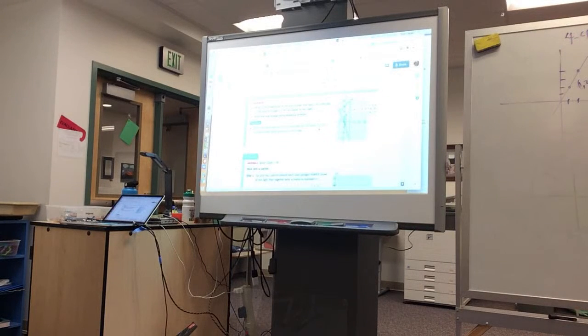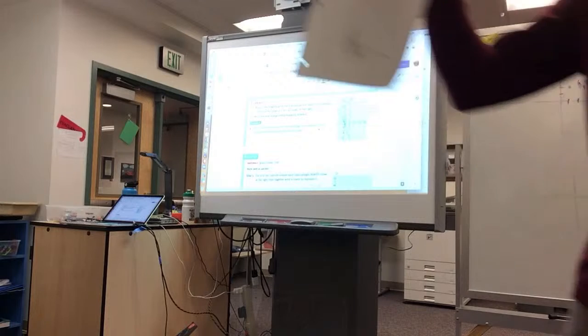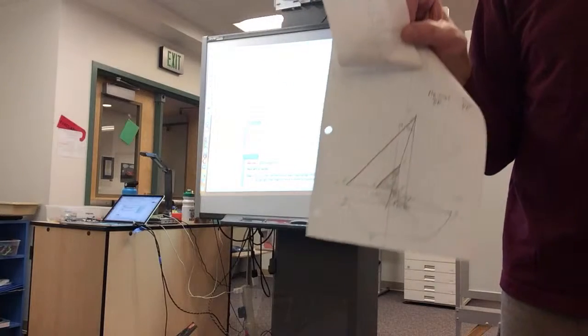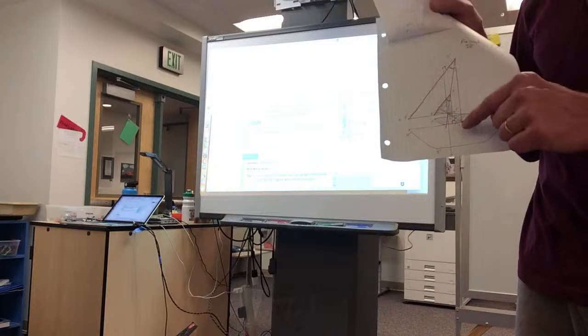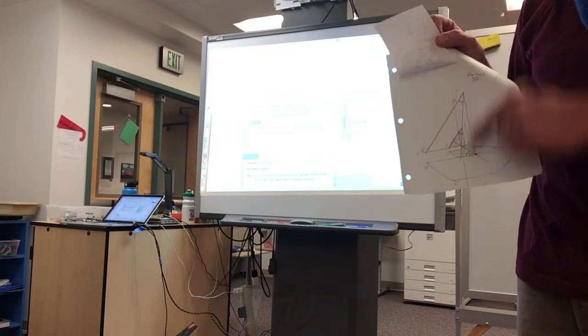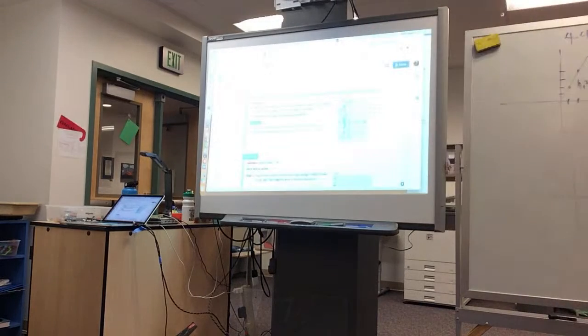That's one of the things that we did with all of the rotations and reflections over the x and the y axes. Last year we did a sailboat like this. Do you remember the sailboat? And that sailboat has all the corresponding points of the large and the small sailboat falling on lines that all go through the origin.